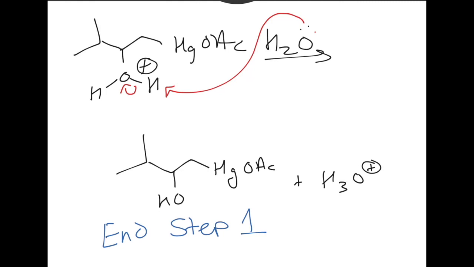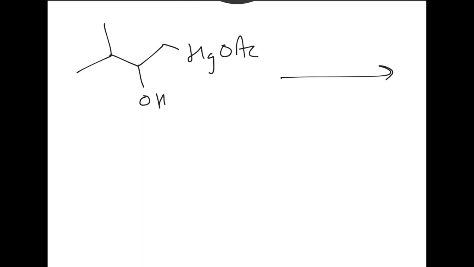Right, so that first step of our 2-step procedure adds our alcohol, but leaves us with a mercury on our molecule. The second step is removing that mercury. Now, I super duper shortcut this step. So this is now step 2. We add sodium borohydride.